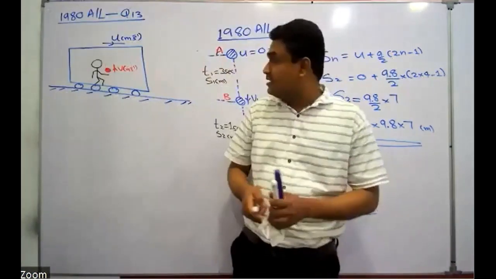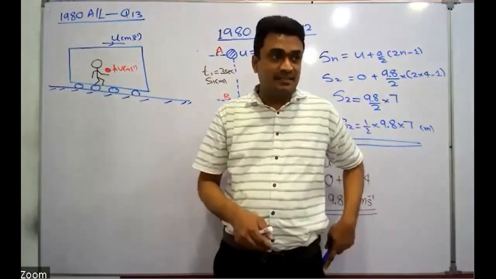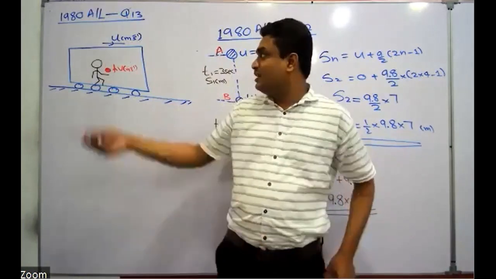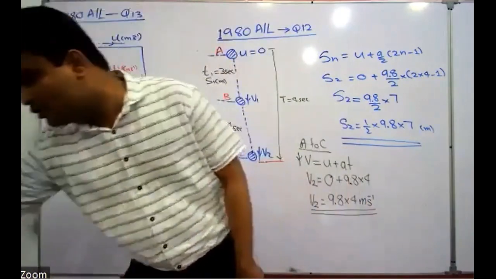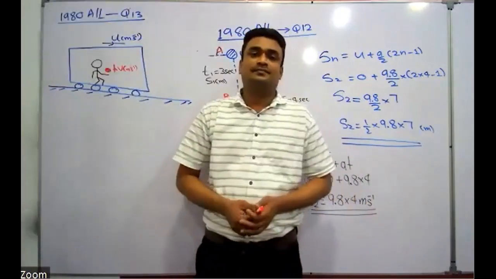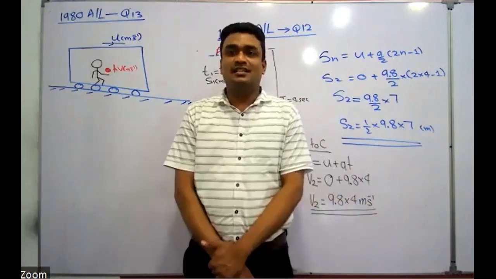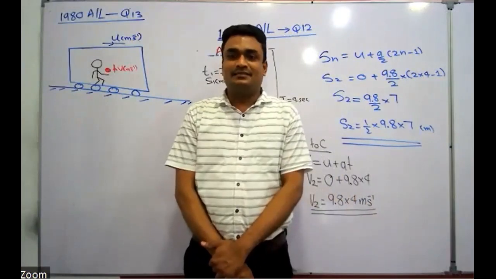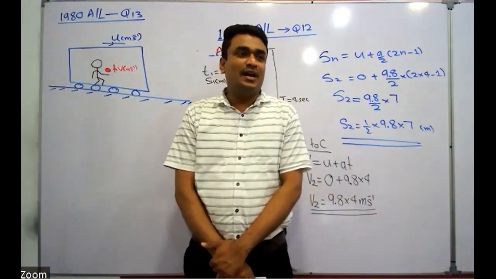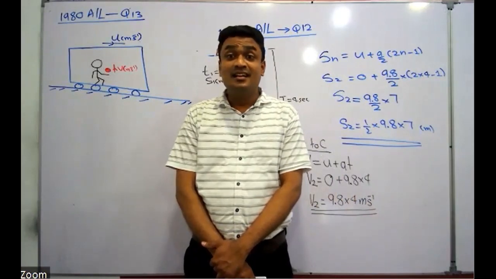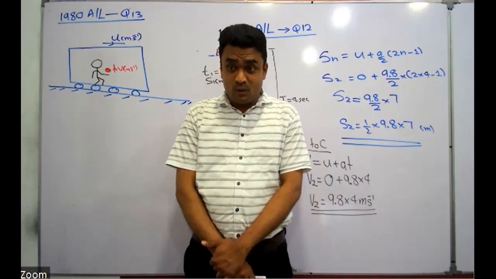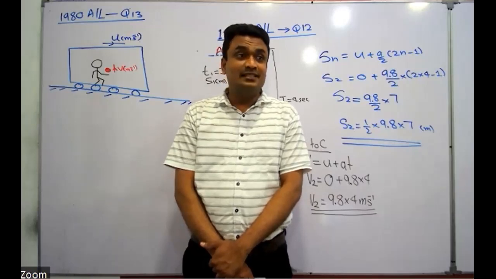My first question: is this boy at rest? If the velocity of the train is u meters per second, the boy is also moving with the same velocity. My second question: am I at rest? No, why? I am on the earth.